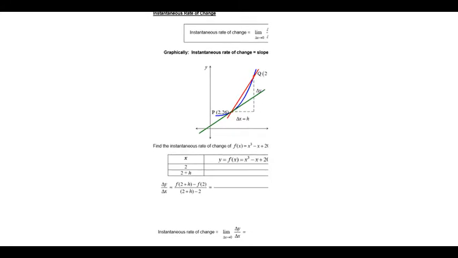Page 2 of the notes deals with instantaneous rate of change, which occurs at only one point.